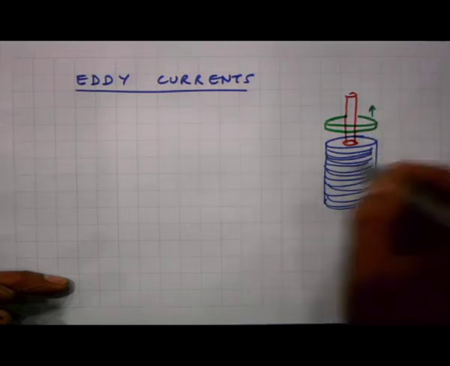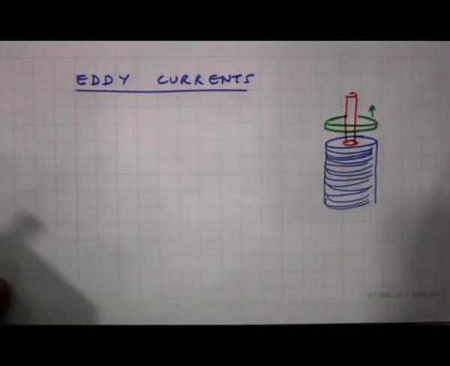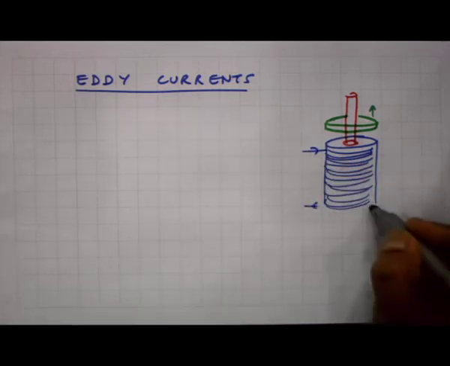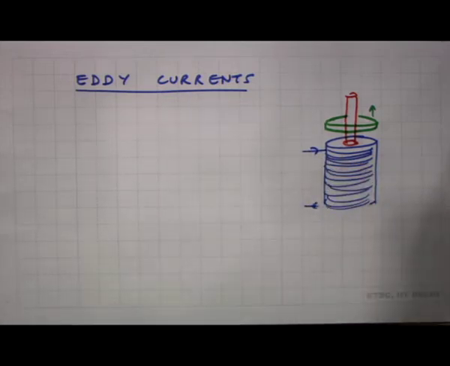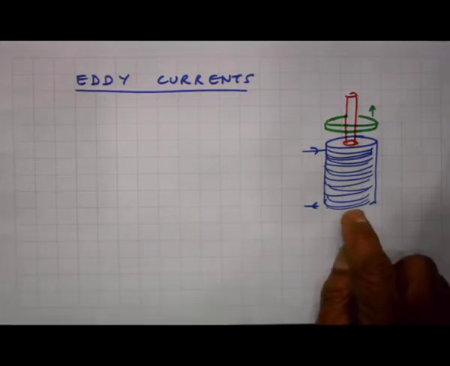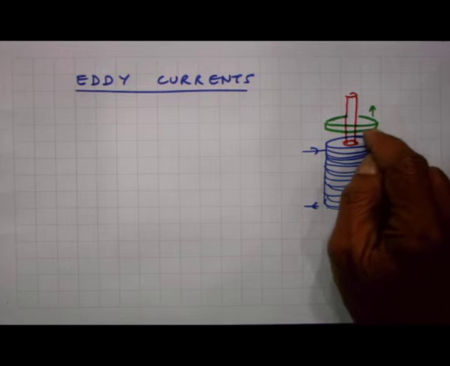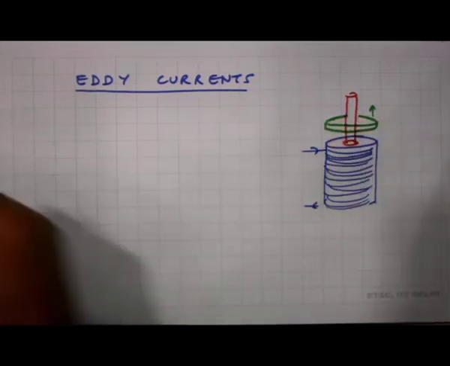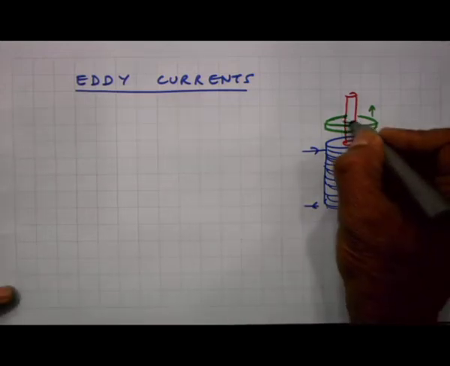I had shown that if you apply an AC current through this, the current in the coil changes with time. That changes the magnetic field generated by the solenoid with time, and this changing magnetic field will induce a current in this conducting aluminum sheet here.